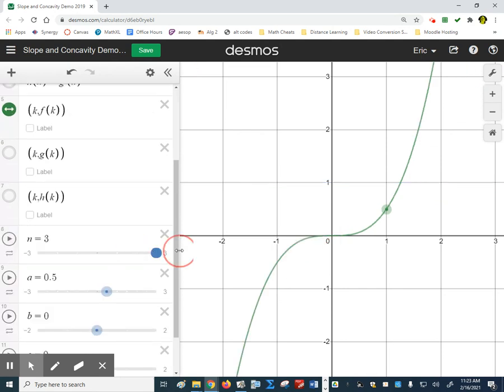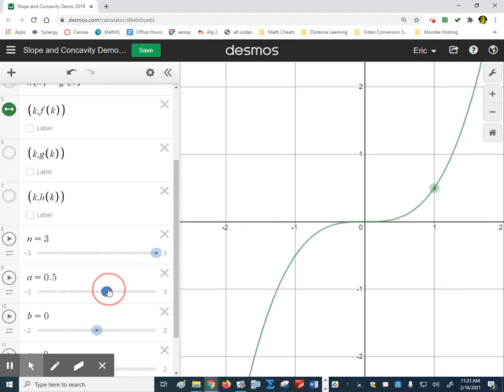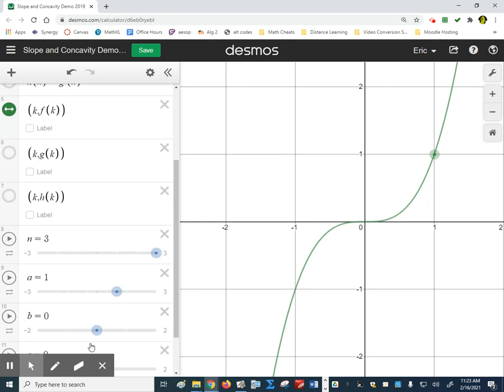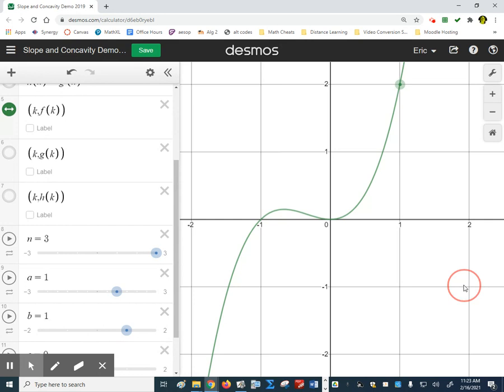How about now? Does that have any points of inflection? Yes or no? Remember, points of inflection are transitions in concavity, just like extrema are transitions in slope, right?